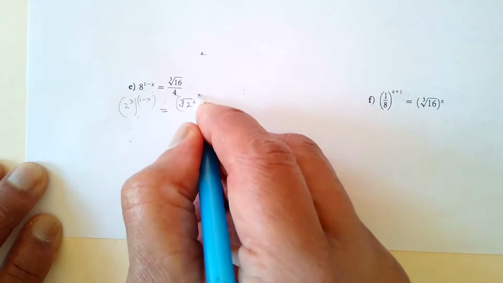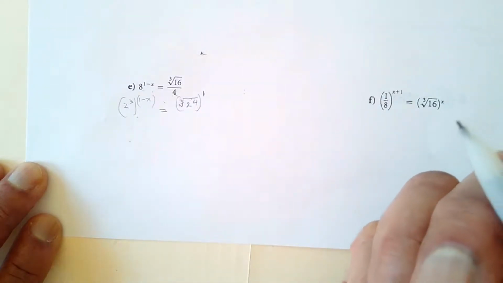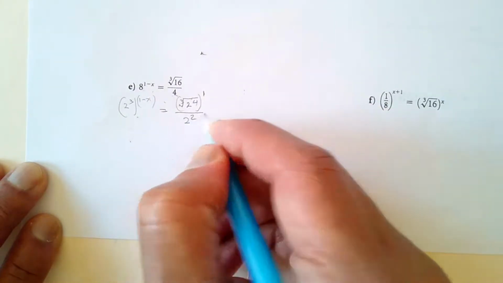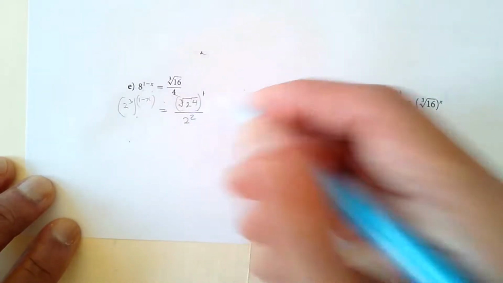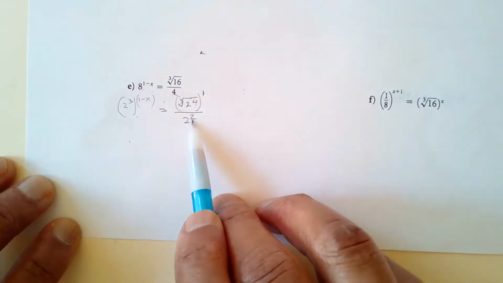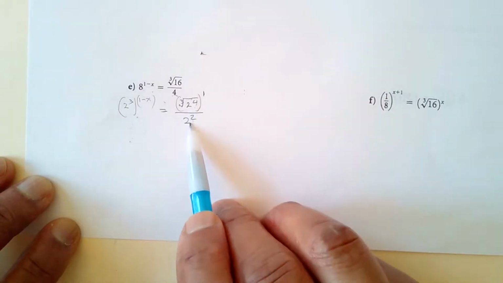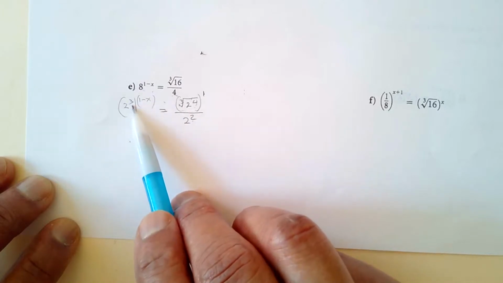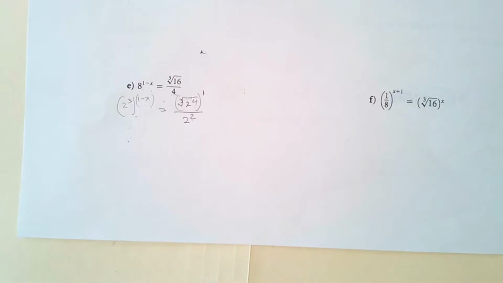Now I can put a 1 here, and this becomes 2 to the power 2. Now I have a series of rules: we'll be using our fractional exponent rule for this part, then we use a negative exponent rule, and also we have our power rule. So we're using all of those exponent rules.